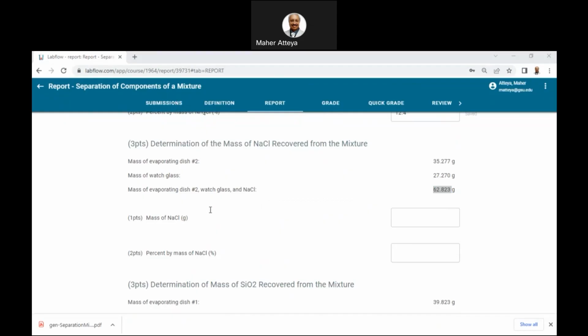Mass of evaporating dish. So the mass of sodium chloride will be equal to this one here. Copy. Paste. Then minus evaporating dish, minus this one here.